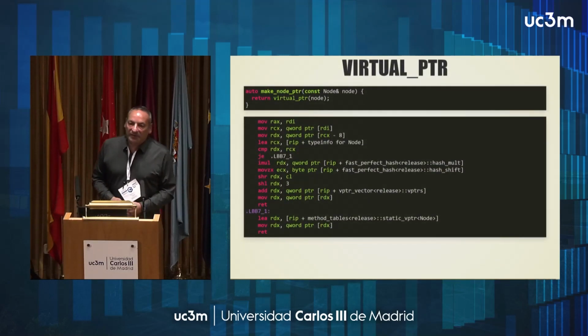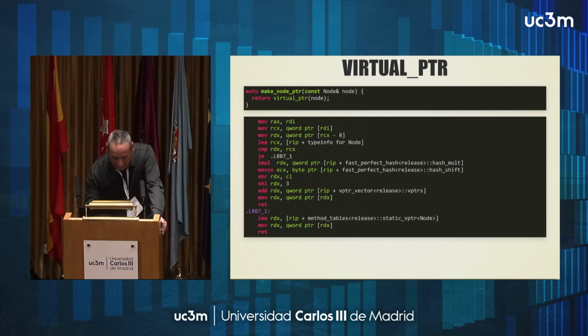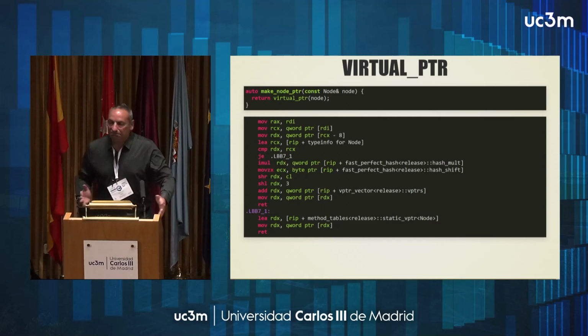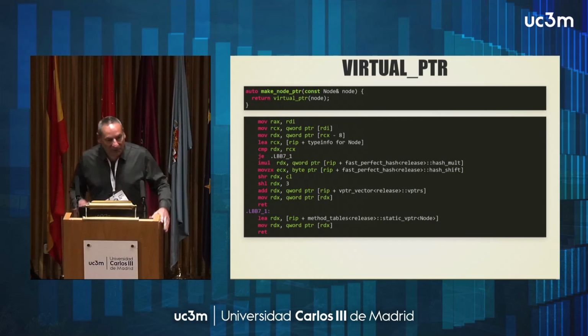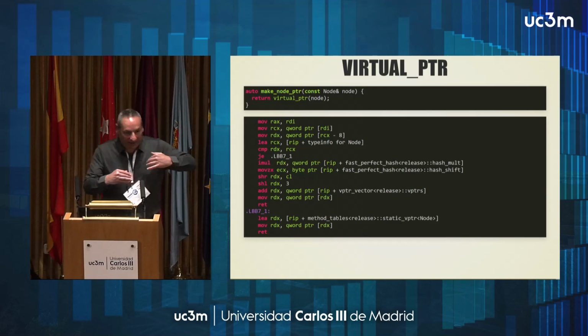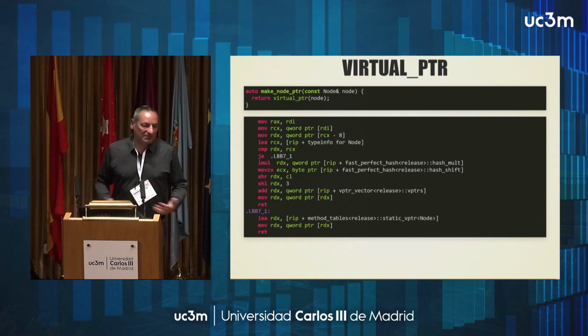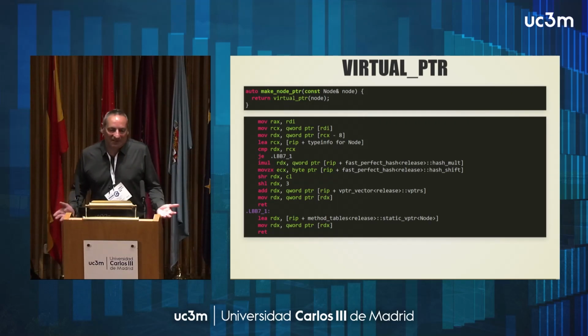It is still costly to build a virtual_ptr. Here you will recognize part of the code, the multiplication, the shift, that is the perfect hashing. So this is still a costly operation, but if you start organizing your program around virtual_ptr, then there's no possible performance cost.